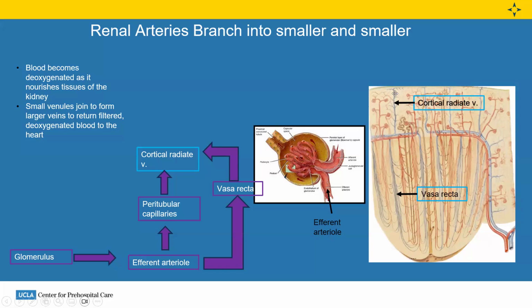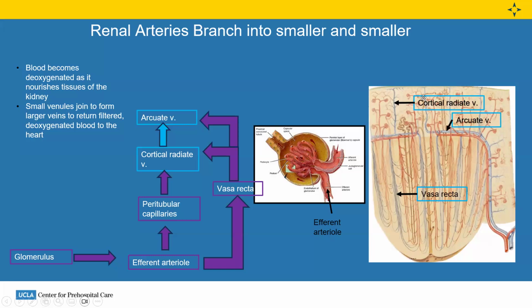It's going to feed into our cortical radiate veins, right? So essentially from there, that blood is deoxygenated, and it's just trying to return from the kidney. Okay. So vasa recta dump some of that blood into cortical radiate veins. Our peritubular capillaries also send blood to our cortical radiate veins.